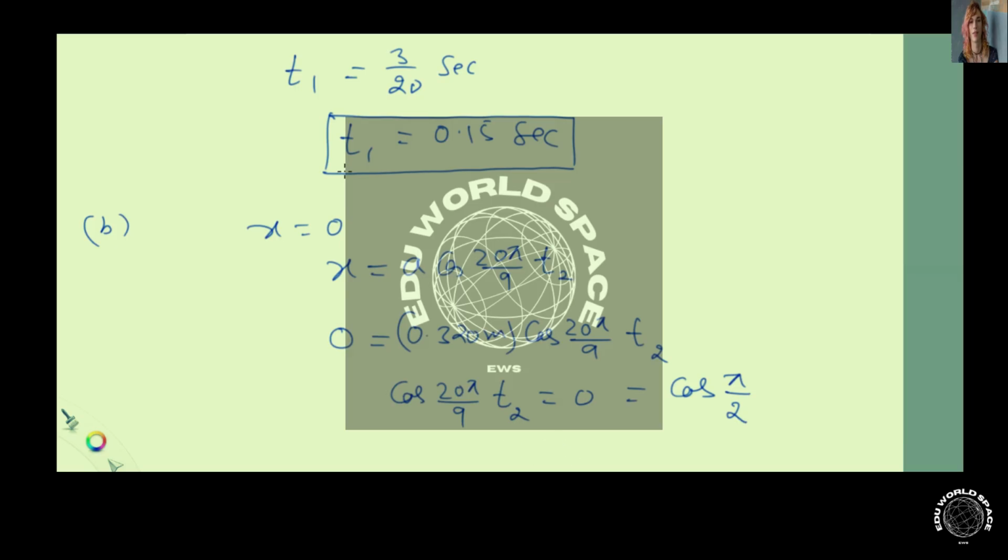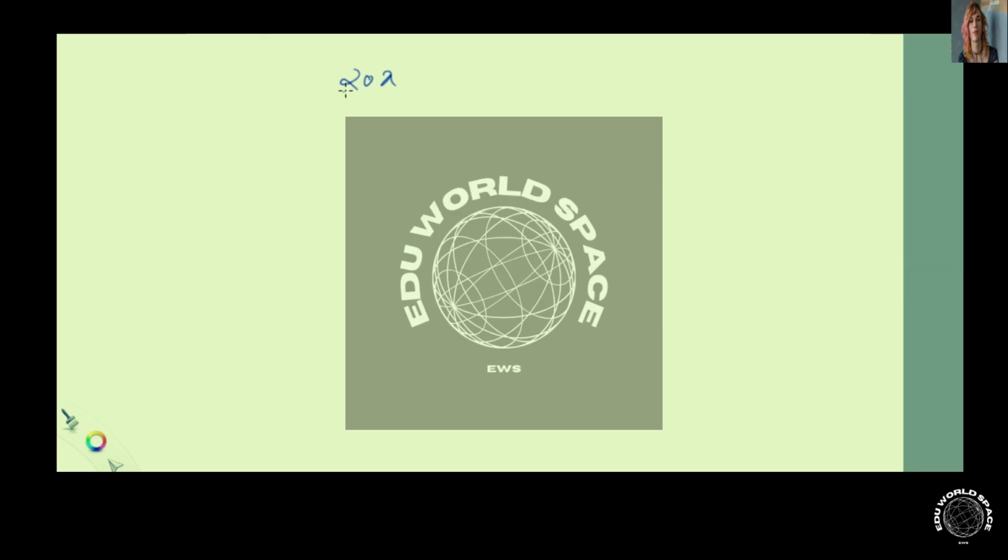So this 20 pi by 9 t2 may be written as pi by 2. Then cancelling pi, the time taken by the particle to come from 0.320 meter to the mean position comes out to be 1 by 2 into 9 by 20 seconds, or we can say 0.225 seconds.